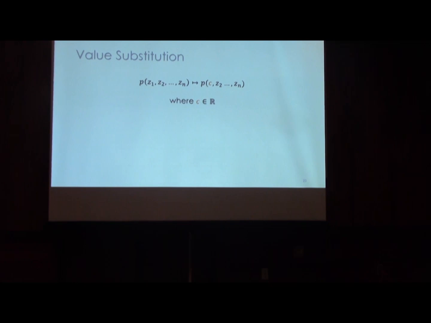But using limits, you can prove that if you plug in any real number instead of any of the variables, you're still going to be real stable. Technically, you need something like the fact that the polynomial actually depends on variables other than z1 or something like that, right? Well, okay, so yeah, that's a technicality. I'm counting the identically zero polynomial as a real stable polynomial.